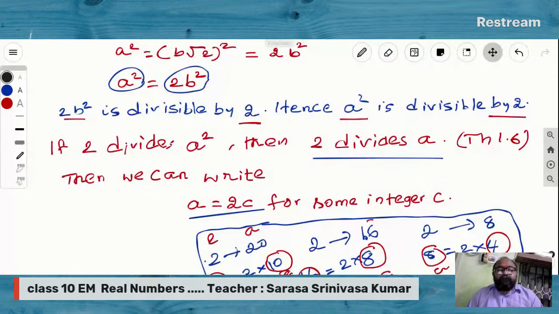Theorem 1.6 states that if p is a prime number and a is any positive integer, then if p divides a square, then p divides a. Here 2 is a prime number. Since 2 is a prime number and 2 divides a square, it implies that 2 divides a.